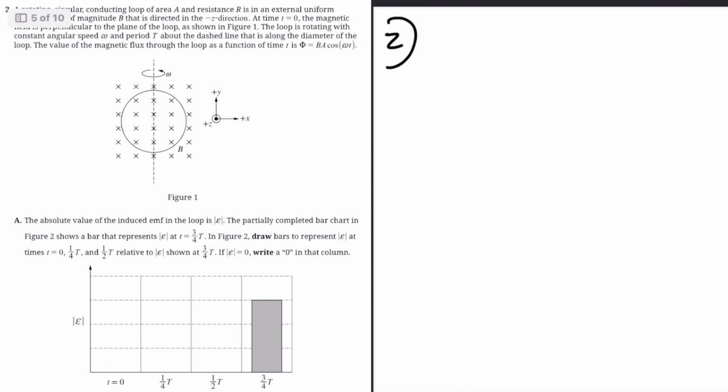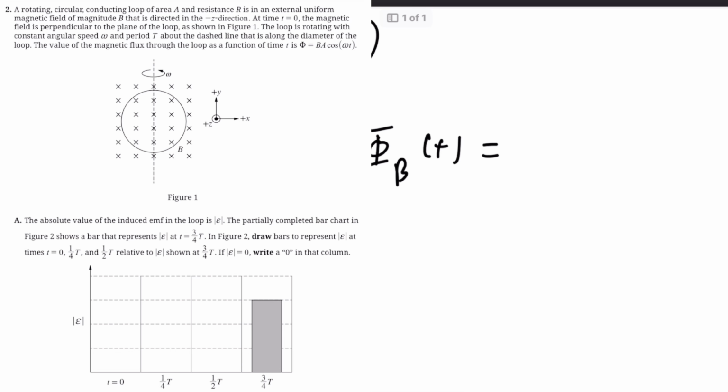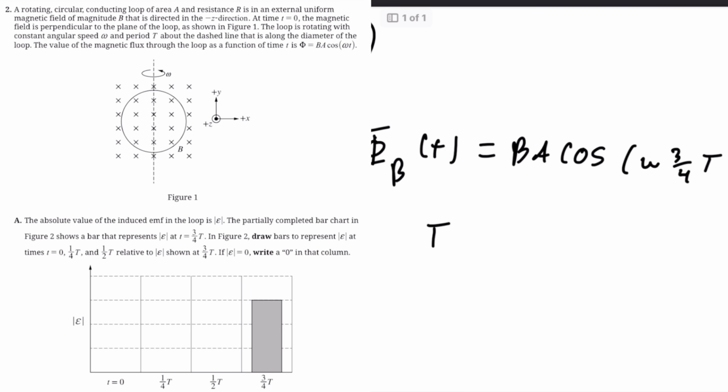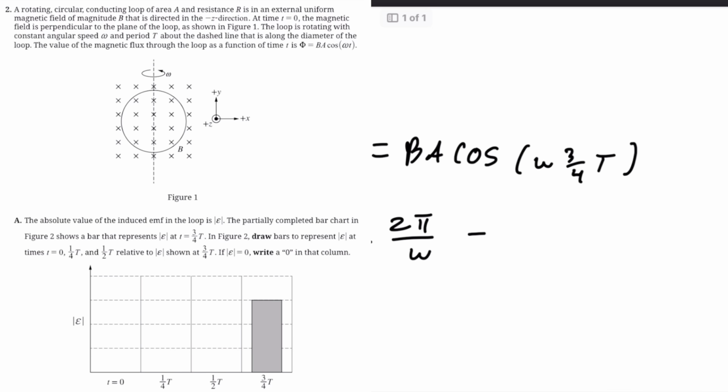If I logic this out, we know that the magnetic flux as a function of time, at time equals 3/4 T, is BA cos(w times 3/4 T). But what is T? Well, if it has angular speed w, then T is 2 pi divided by w. So now let's rearrange this.